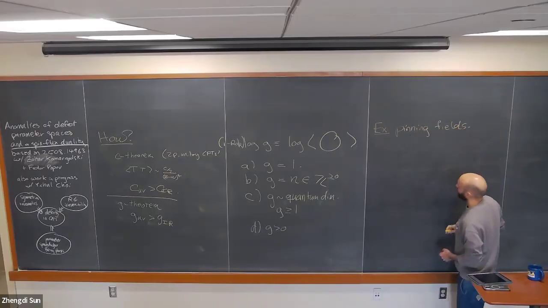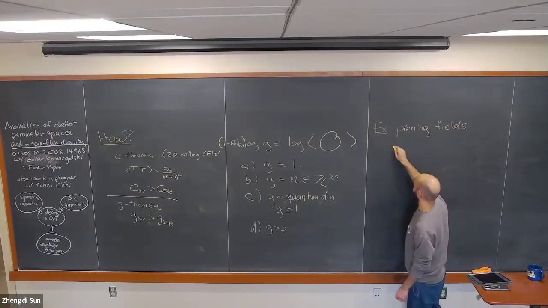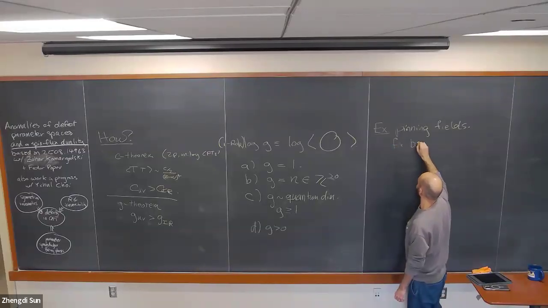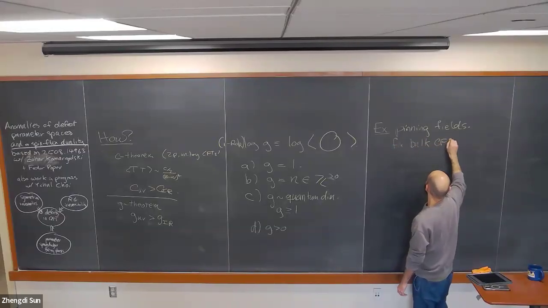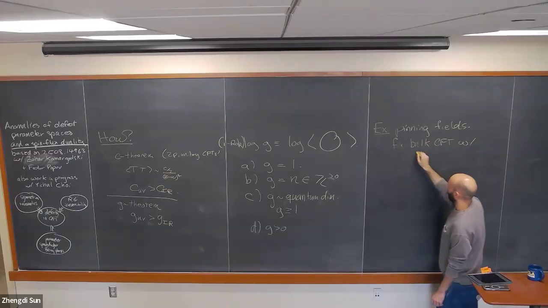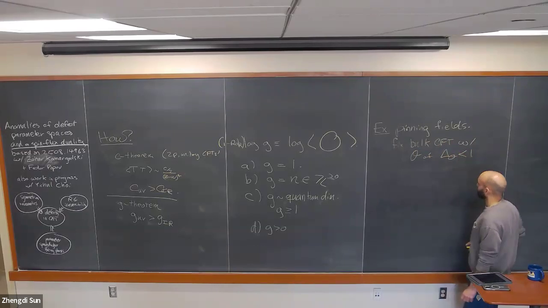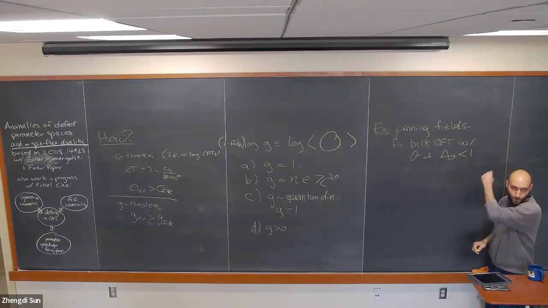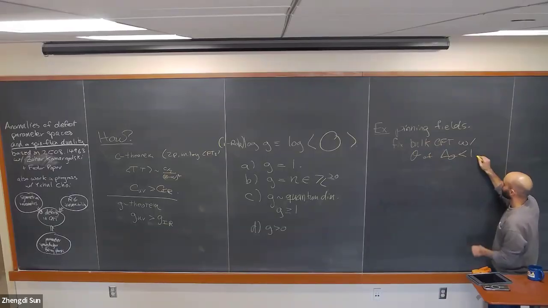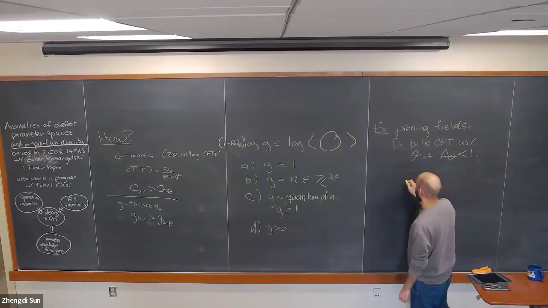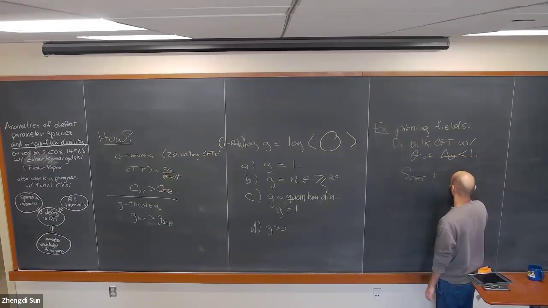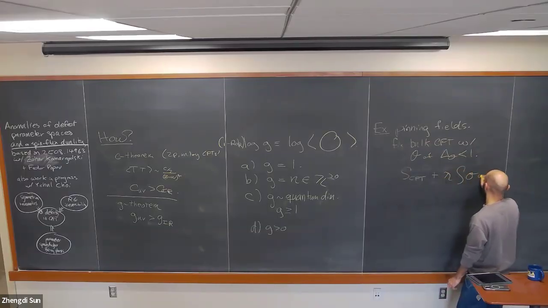And the way that they're defined is you sort of fix a bulk CFT, which has an operator O of dimension less than 1. So it's relevant from the point of view of line defect RG flows. And you basically define a defect by taking the action of the CFT and kind of deforming by this relevant operator.